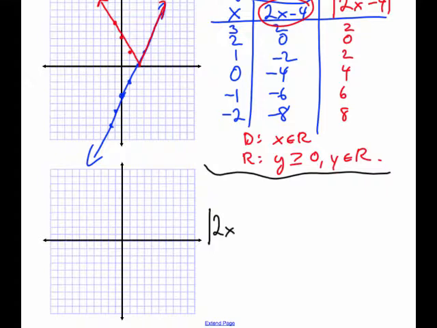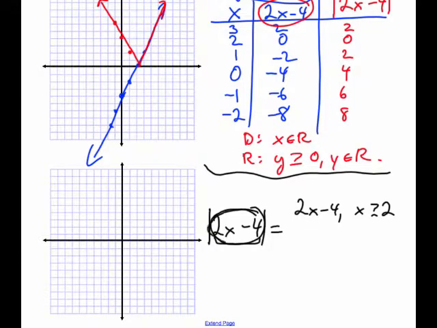So the absolute value of 2x minus 4 would be equal to itself, 2x minus 4, if x was greater than or equal to, in other words, when this value is positive, and this would happen when x was greater than or equal to 2. 2 makes the inside 0, so anything greater than 2 makes the inside positive. So if this is positive, the absolute value of this positive will be the same as that inside piece, 2x minus 4. Okay, which is the blue graph above, starting at x equals 2.